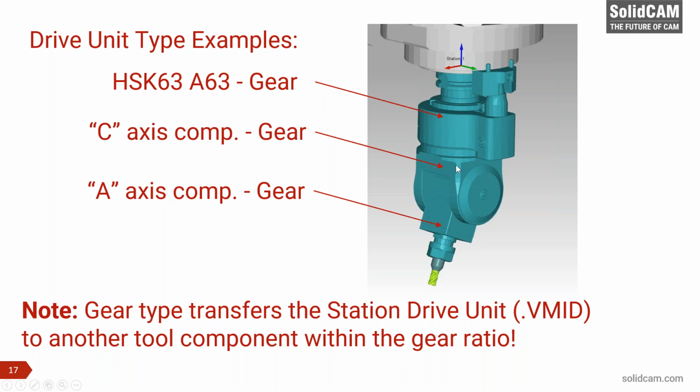So the hierarchy here is very important. So the top one is important, and the final gear ratio depends on all components within, who is defined like a gear ratio, and I'm going to show you with the live example.